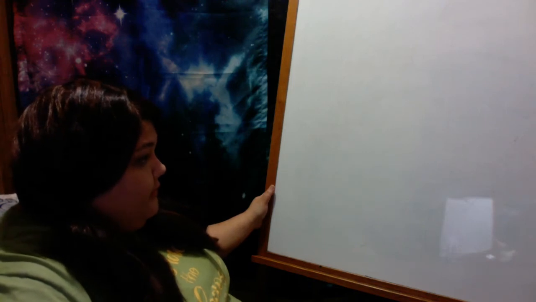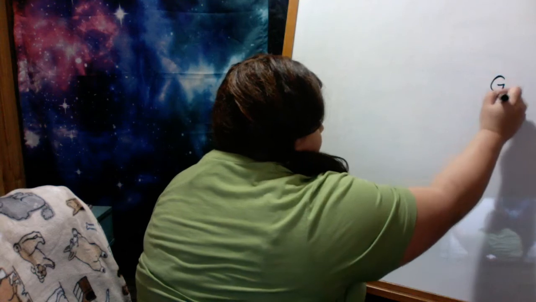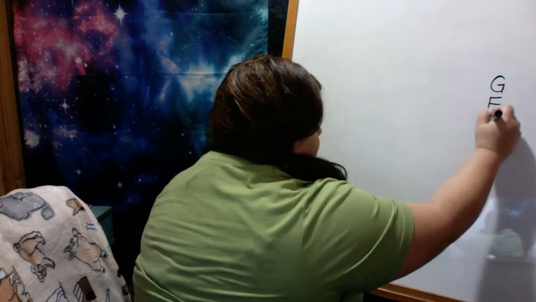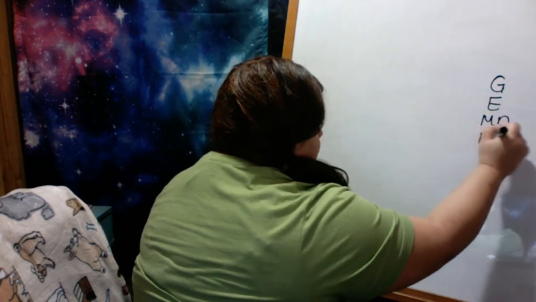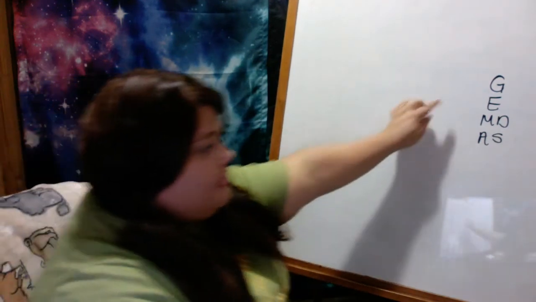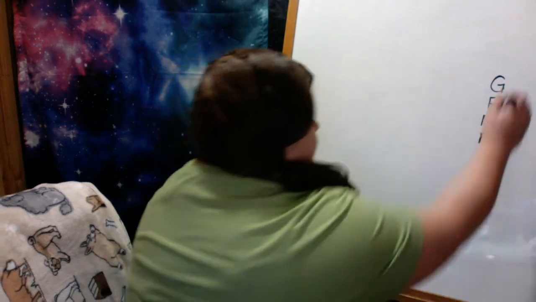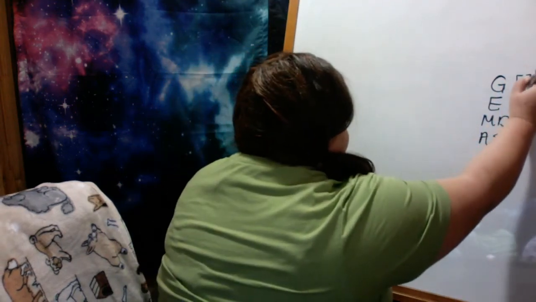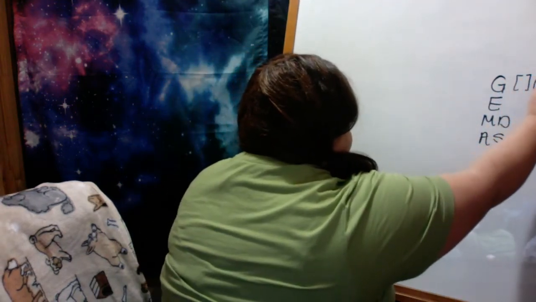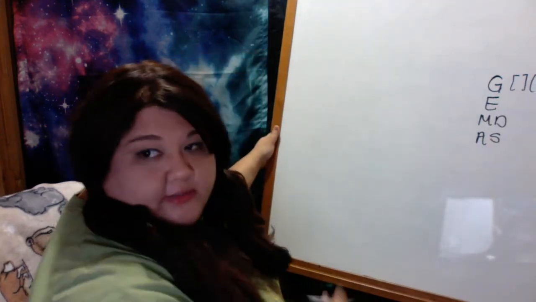Okay, so now off to the side, I'm going to write my remainder. Okay, if we remember, the G stands for groups. So it could be brackets, it could be parentheses, or it could be, I still don't know what those things are called, but they're the curvy, crazy ones.